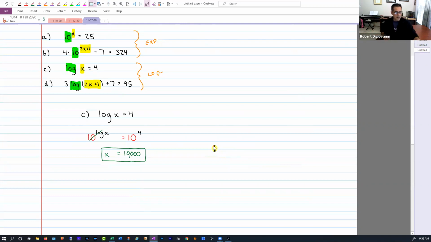Now let's look at D. I need to change D because the numbers are going to get too big. So if you don't mind, let me modify this. I'm going to change the equation a little bit to make our numbers work out better. Let's do 3, 4, 4, 12, 12.